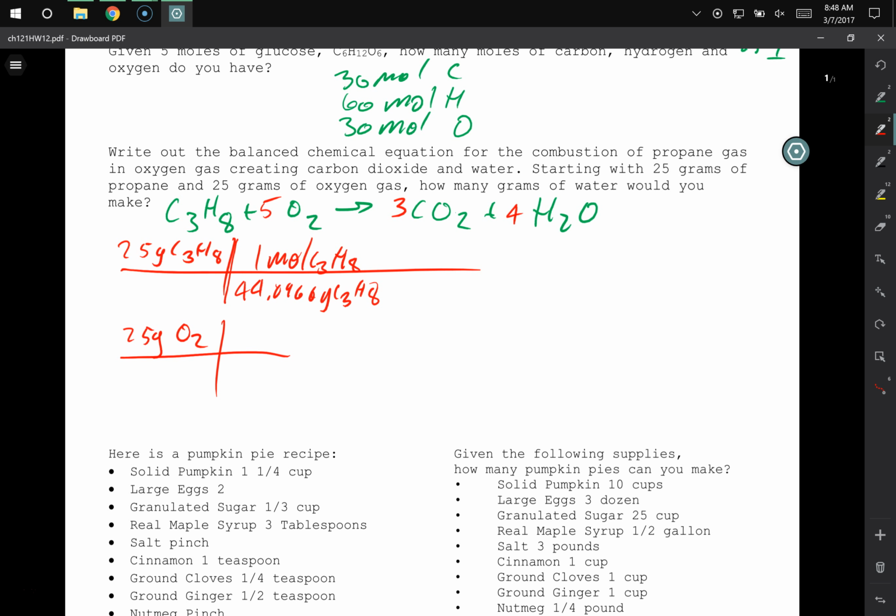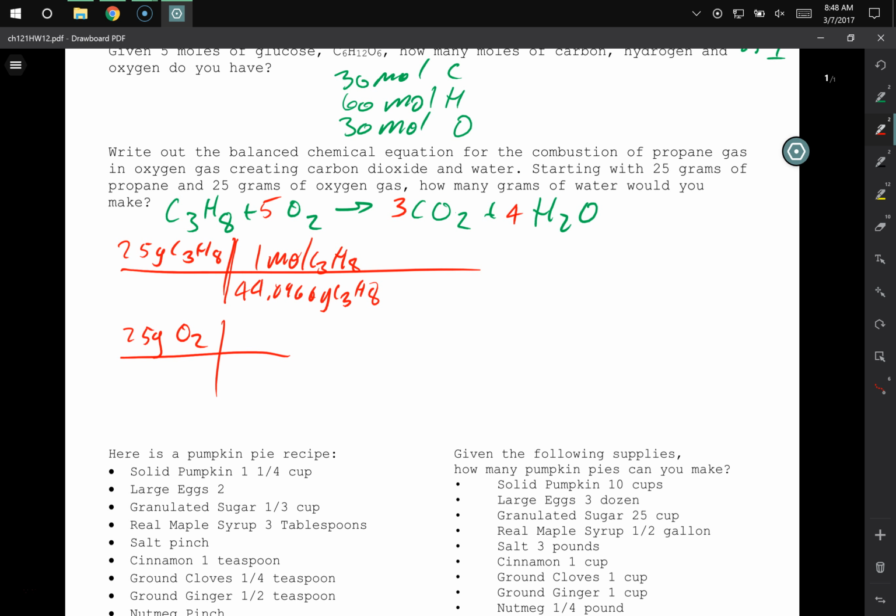I get moles, but I'm counting them. This first one tells me exactly how many propane molecules I have. Do I have a whole mole of propane molecules? No, because it takes 44 grams to get a mole, and I've only got 25 grams.